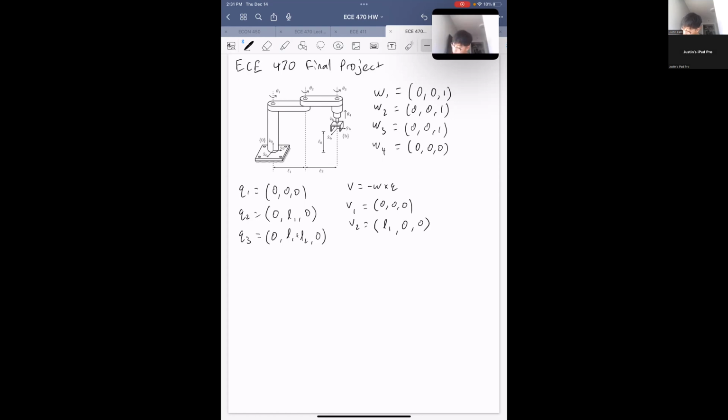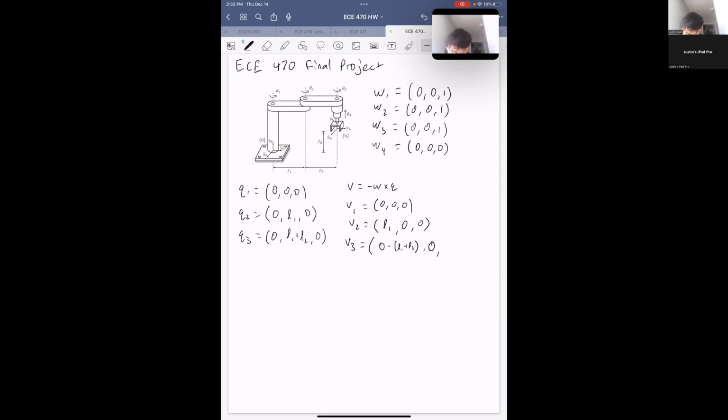And then for v3, a2 is 0, b3 is 0. So 0 minus 1 times this term in the middle. So it's going to be 0 minus L1 plus L2. And then a3 is 1, b1 is 0, a1 is 0, and then b3 is, so the second term is going to be 0.